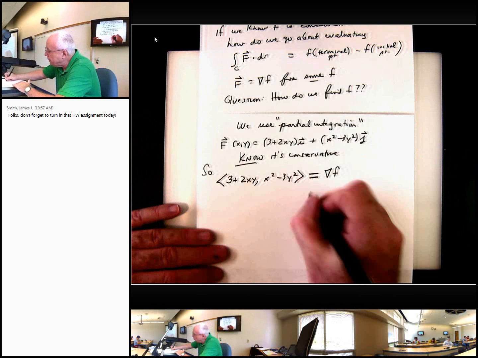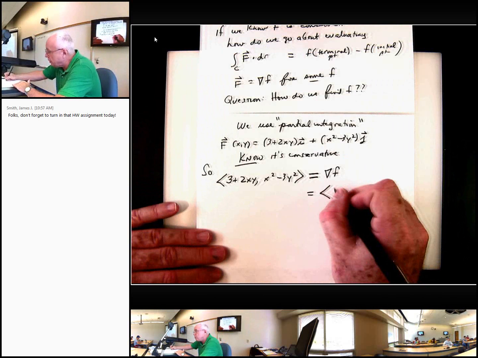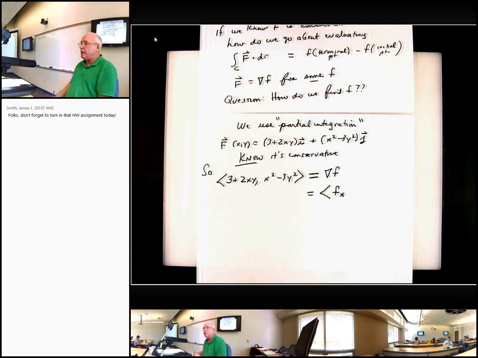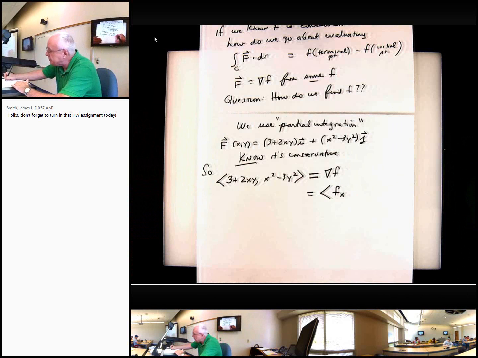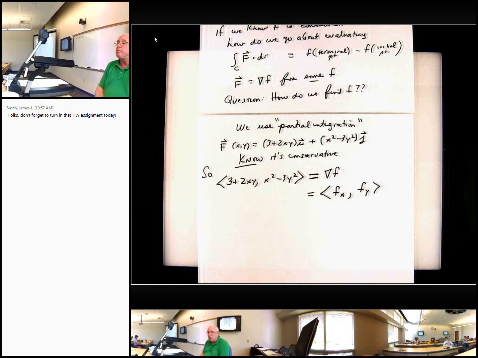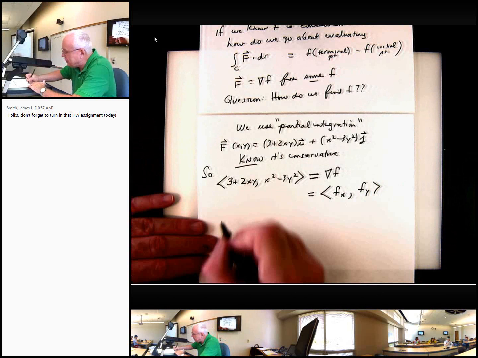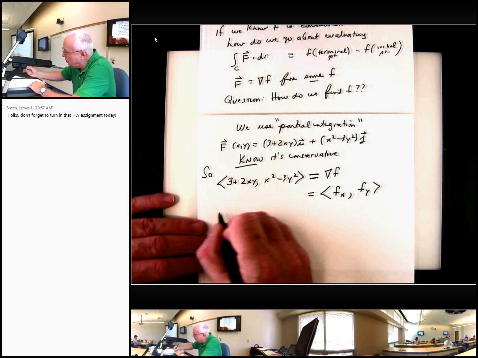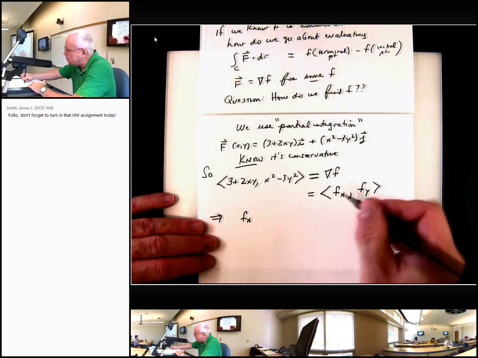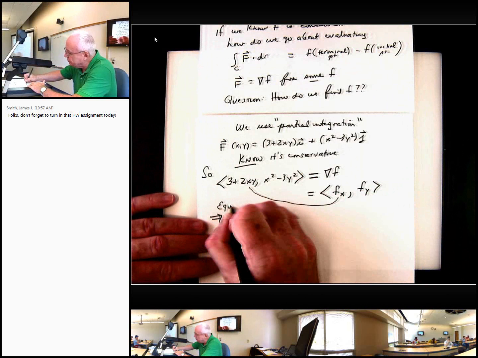Well, what is the gradient of f? That means the first component of the gradient is the small f with respect to x, comma, the second component in this case is the small f with respect to y. So we have these two equations. I just equate the components.